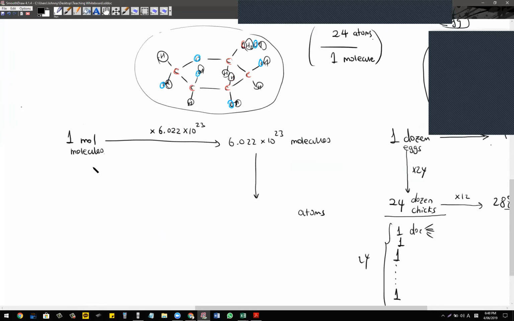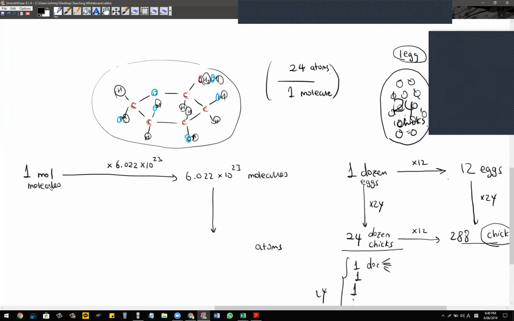Here as well, we got 1 mole. 1 mole equals to that many molecules. We have 1 mole of molecules. So we times it by the number of moles, then we get the number of molecules we get out of the mole. And then because inside of each molecule there are 24, you times it by 24, then you get the number of atoms.